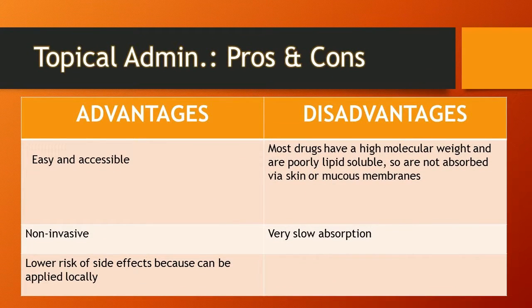The advantages of topical administration are that they are easy and accessible, non-invasive, and have a lower risk of side effects. The disadvantage is that most drugs have a high molecular weight and so are not absorbed via skin or mucous membranes and have very slow absorption.